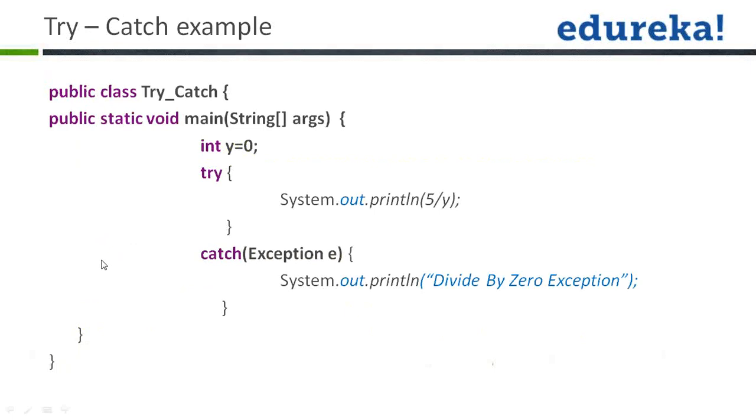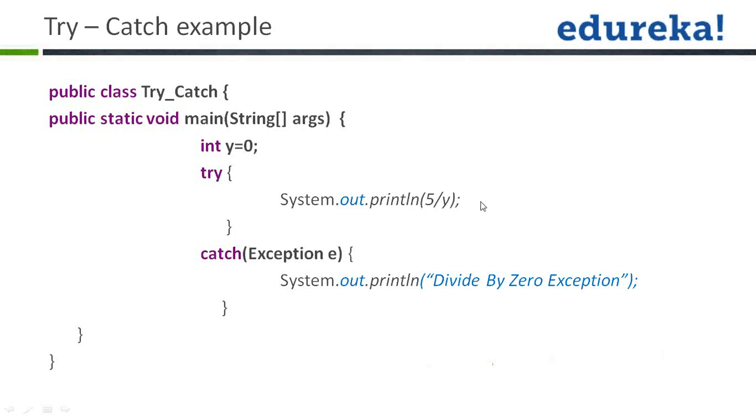Now we come to the example of the try and catch block. You have a class like public class TryAndCatch. You can give it any name, just don't get confused with the try catch that I've mentioned. Now you have the main method. Within that main method you write int y equals 0. Within the try block, you know that you'll be receiving an exception, because y is equal to 0 and you are dividing an integer value by 0, so obviously it will give you an exception.